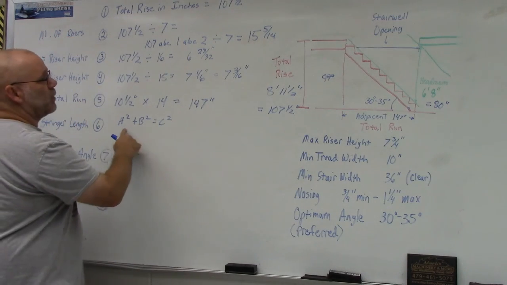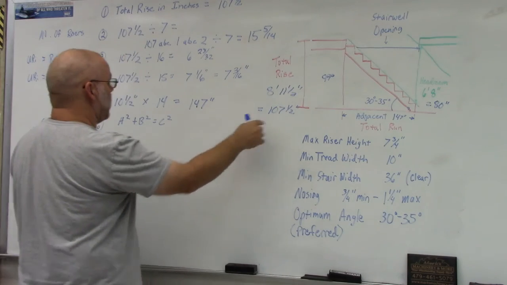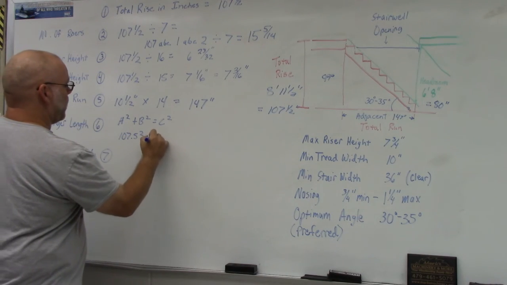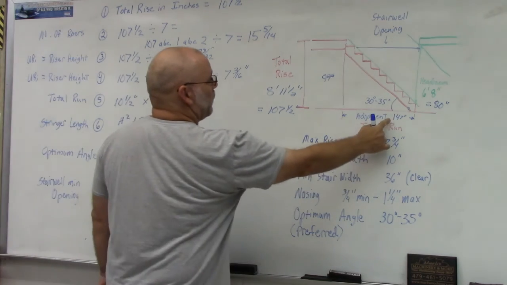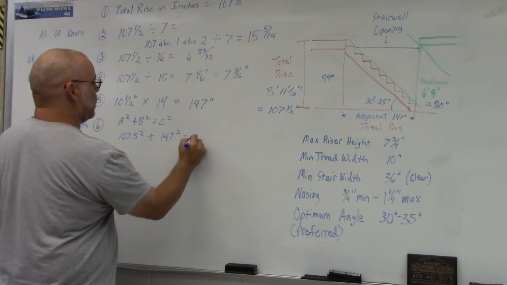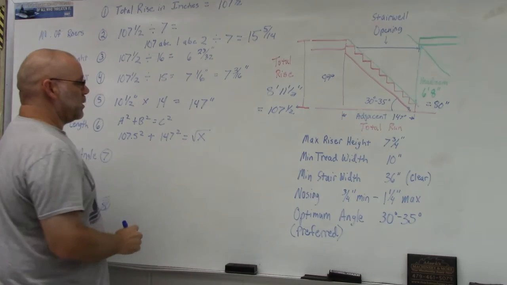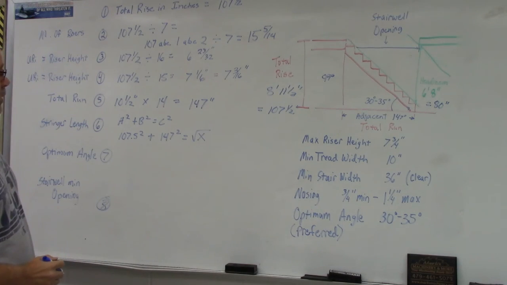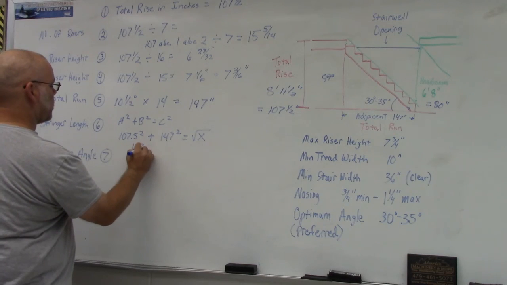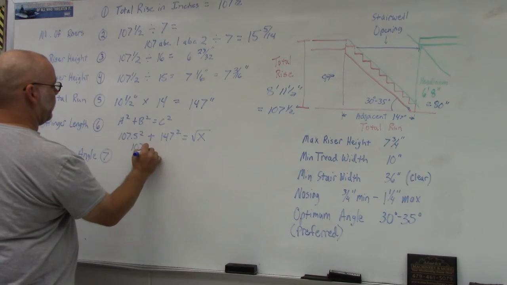So A, we're going to use A is this, so 107.5 squared plus this number, 147 squared, equals, then we're going to hit the square root button. Okay? So in your calculator, you're going to put 107.5.